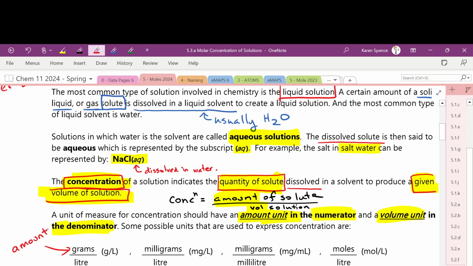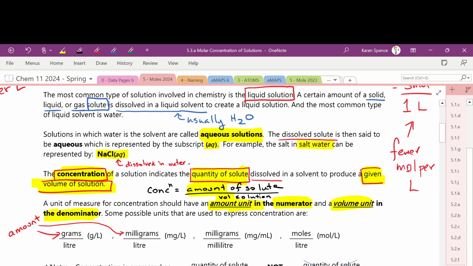We could measure the amount in milligrams, or we could, and this is what we are mostly going to do this year, measure the amount in moles, okay? On the bottom, we have the volume. It could be liters, it could be milliliters, okay? But as long as you have amount over volume, that is concentration.